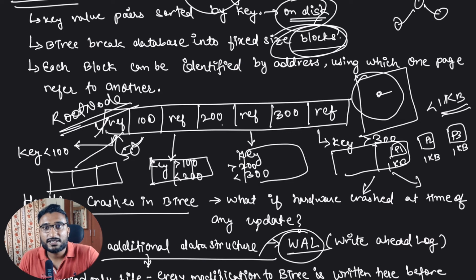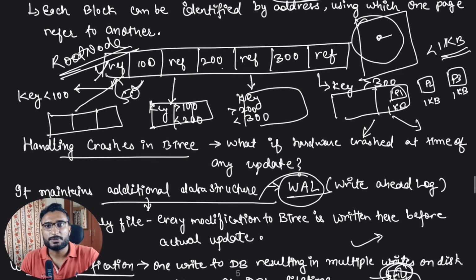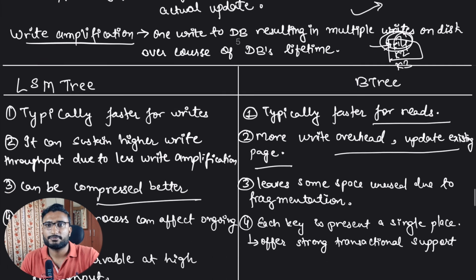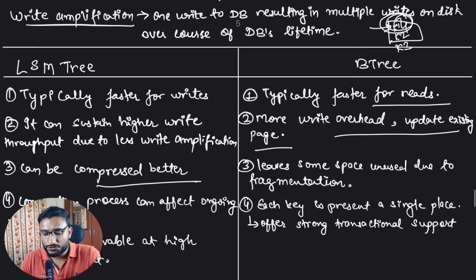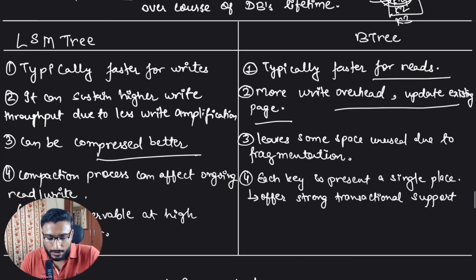In these kinds of scenarios you will have left out some space, so it can cause fragmentation because it will not be useful for any other pages. So you will have to optimize the page size first, but there is always a possibility that fragmentation can occur and you are consuming more space as compared to LSM trees.